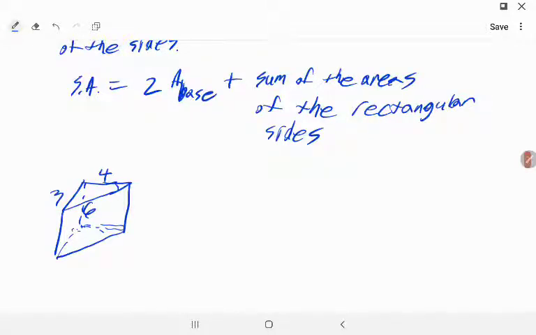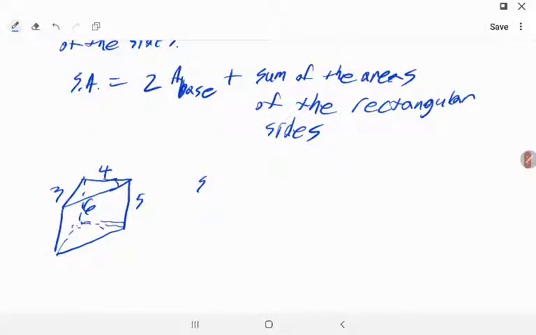Actually, we can make this a little nicer. If it's 3 by 4 by 5, it just so happens that makes it a nicer triangle. And we'll make the prism 6 units tall.